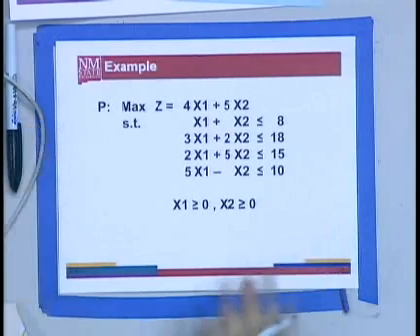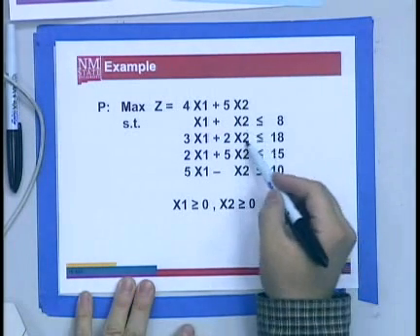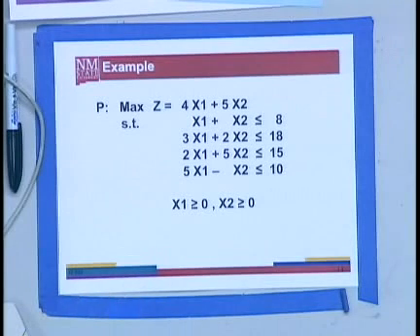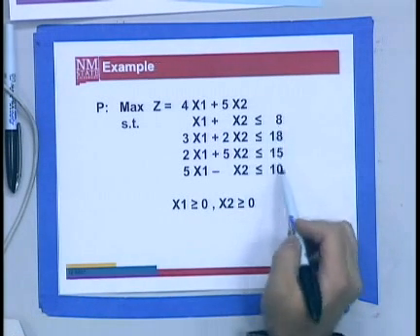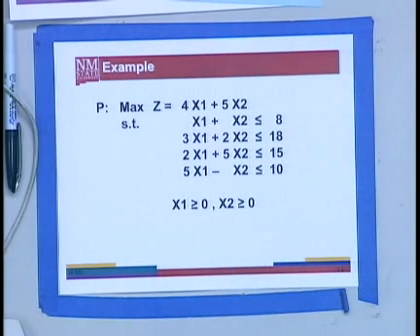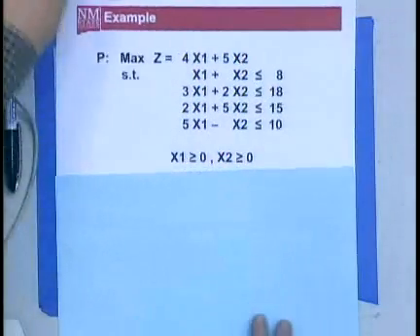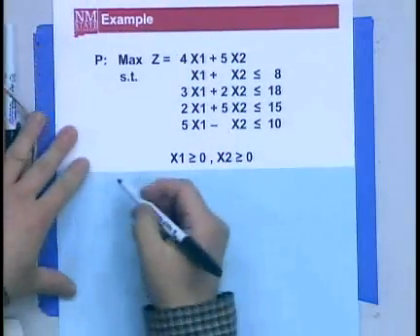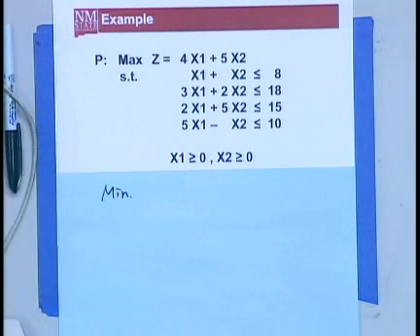So this LP problem has 2 variables and 4 constraints, right? So its dual must have 4 variables and 2 constraints, right? Let's make the dual problem together. So the dual problem must be a minimization problem, right?